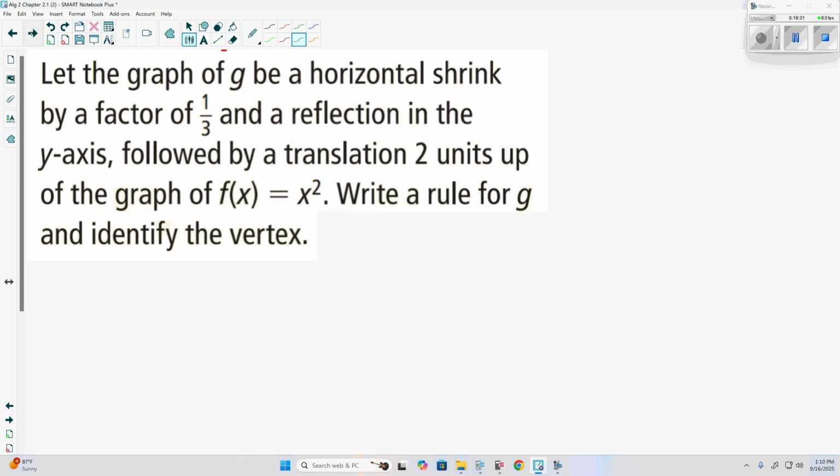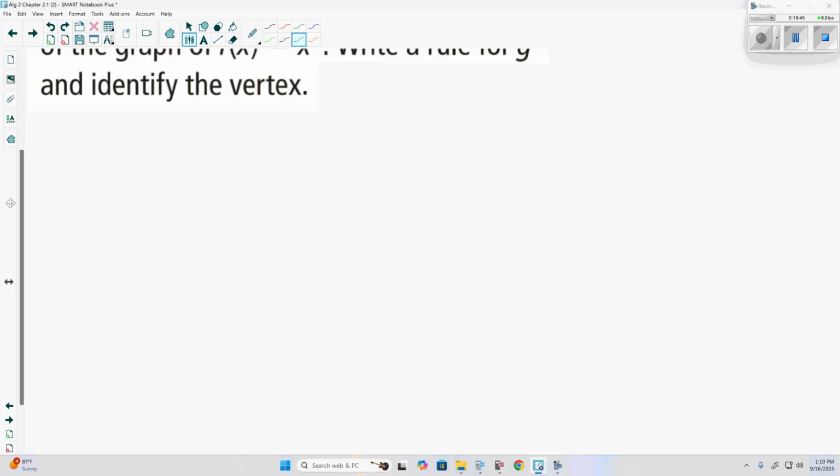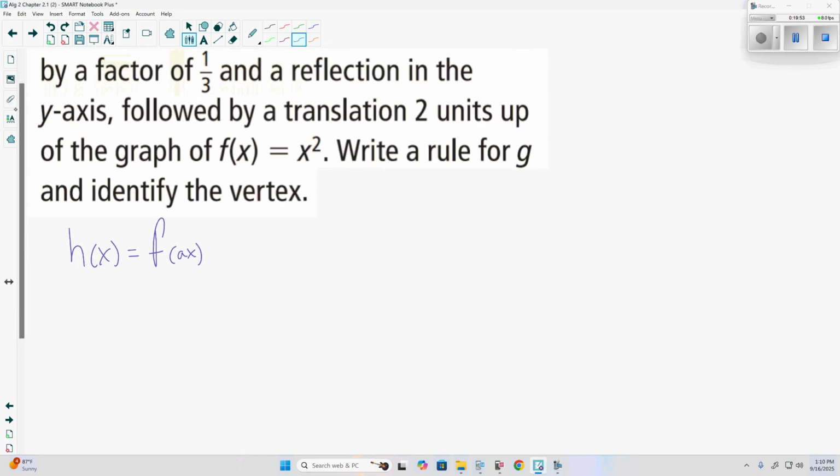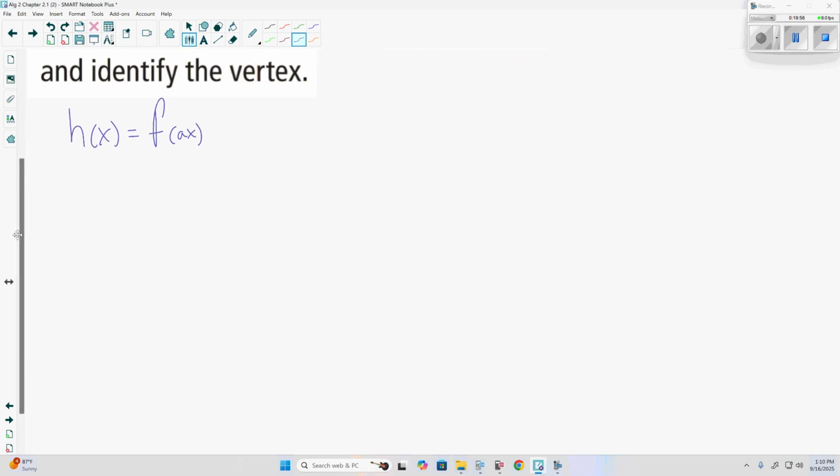Let G be a horizontal shrink by a factor of 1/3 and a reflection in the y-axis, followed by a translation 2 units up of the graph f of x equals x squared. Write a rule for G. Now the first thing we have is a horizontal shrink by a factor of 1/3. In the general form for horizontal stretch and shrink, we have f of a x, where a is the amount that we stretch or shrink it by, but we have to flip that factor.